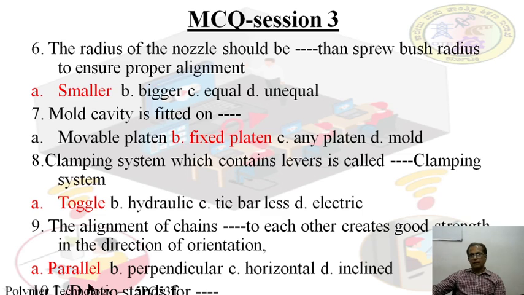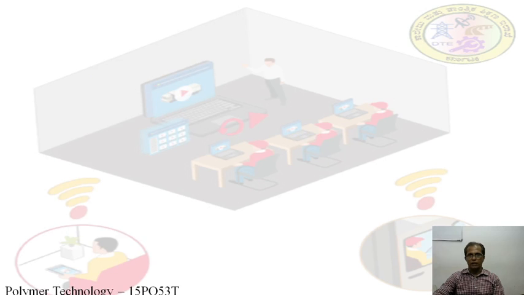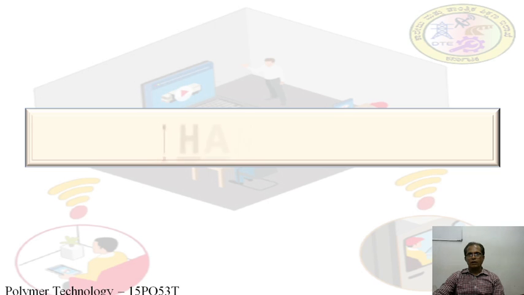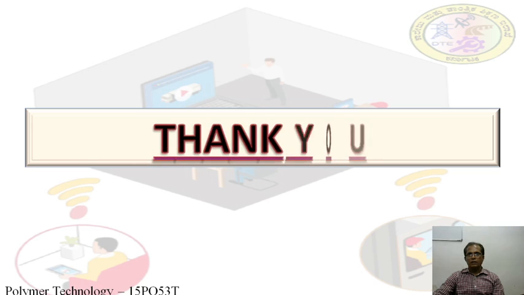Chains parallel to each other create good strength, not perpendicular nor horizontal or inclined. So the correct answer is parallel to each other, which will create good strength in the direction of orientation. Thank you.